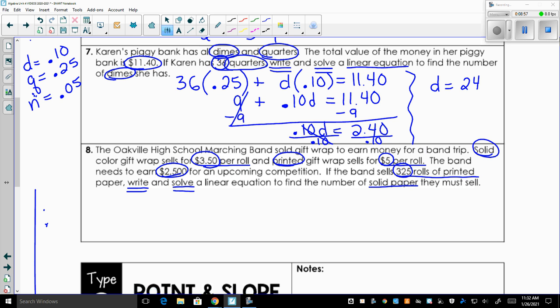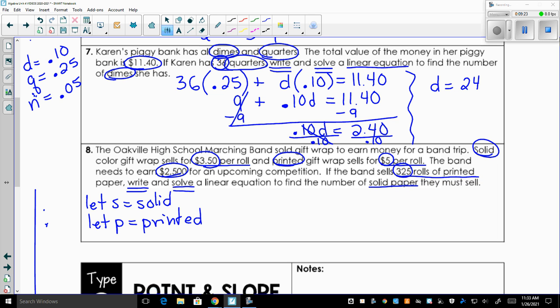All right, so since we're comparing two things, printed and solid, it makes most sense to use the standard form equation. So let S equal the number of solid rolls. Let P equal the number of printed rolls. And yes, you could absolutely use X's and Y's here. It's absolutely fine.